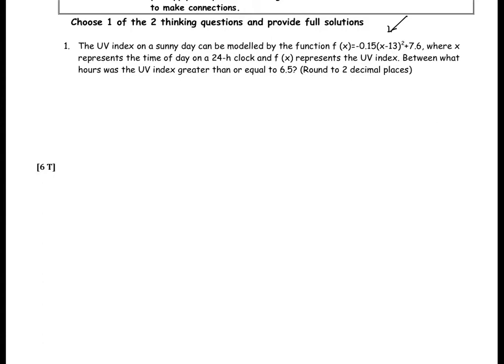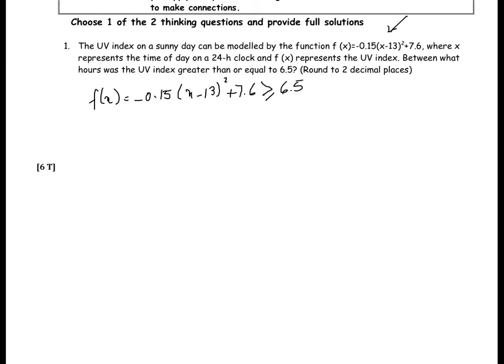What it means is that we have to solve the following inequality: f of x, which is equal to negative 0.15 (x minus 13) squared plus 7.6, has to be greater than or equal to 6.5.